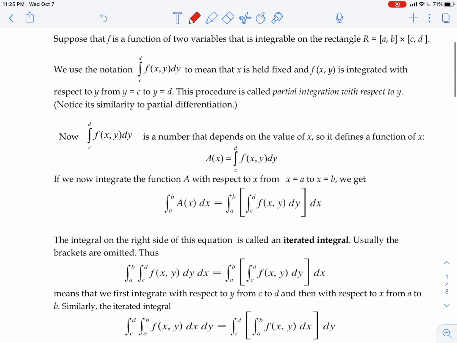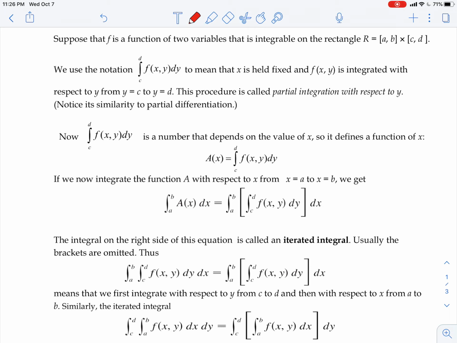Now, the integral from c to d of our function with respect to y is a number that depends on the value of x, so it defines a function of x. So we could say A of x is equal to the integral of f of x, y dy. If we now integrate the function A with respect to x from x equals a to x equals b, we get the integral of A(x) dx, which is equal to the integral from a to b of the integral from c to d of our function dy dx.